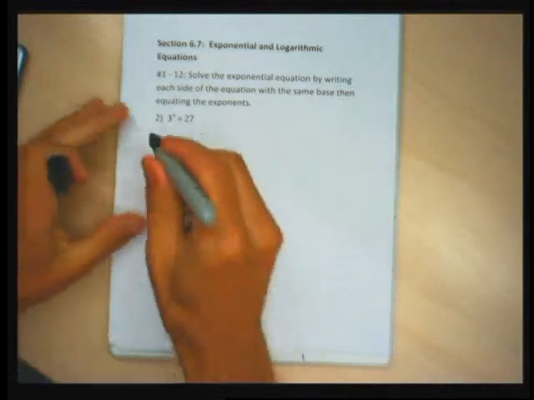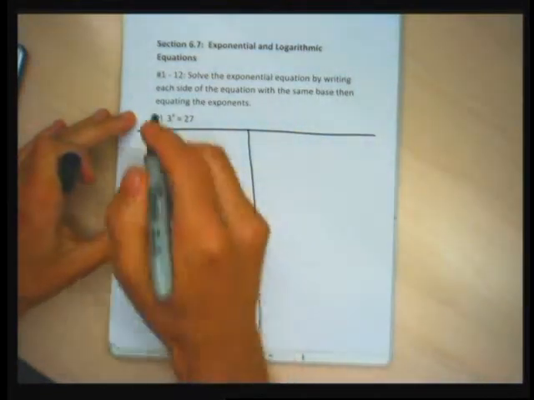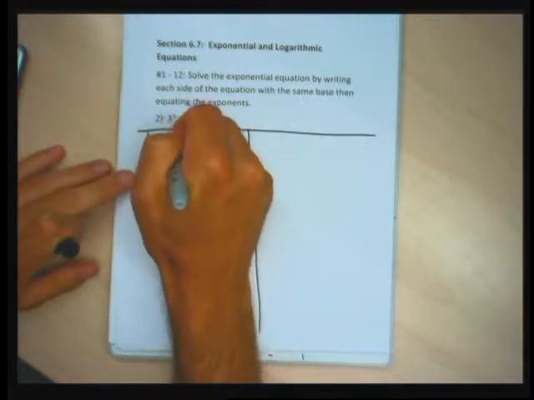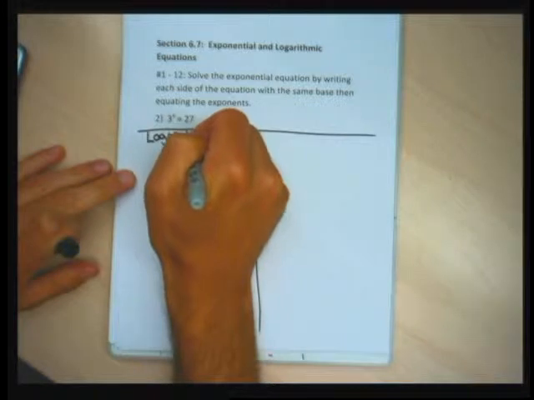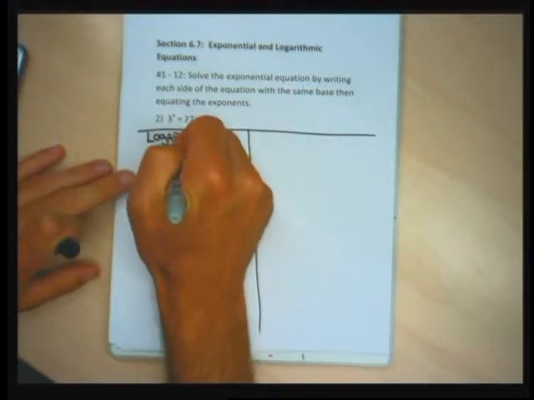So I'm going to solve this 2 ways. The first way is the logarithm approach, and that will work for every problem between 1 and 22 because it has an x in an exponent.